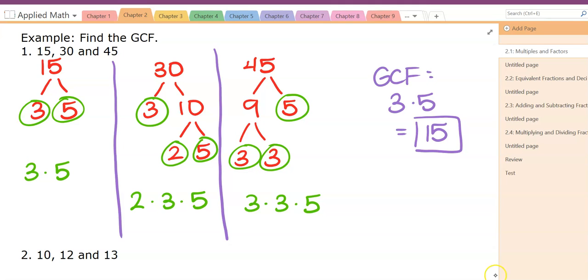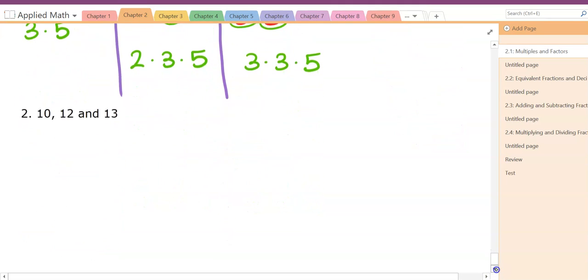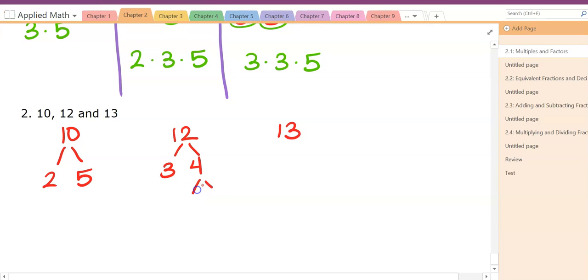So we've got one more here. 10, 12, and 13. How do we factor 10? 5 and 2, 12. And then 4 would be 2 and 2. 13 is prime.